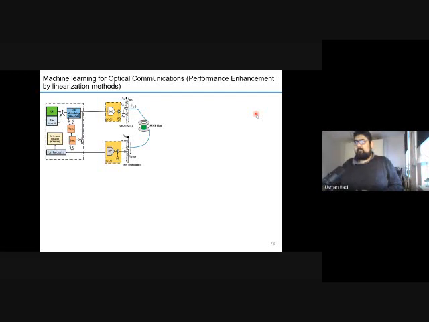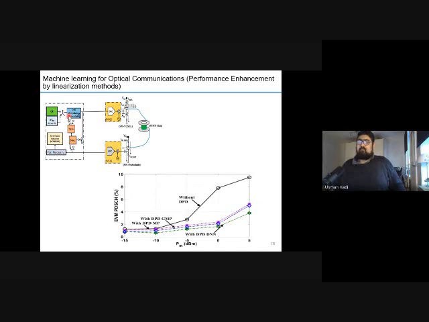For example, if we talk about radio over fiber communication, we were recently using a neural network for enhancing the performance. We had this particular flow diagram where we had MP, GMP, and neural network. And we believe that we can actually push this neural network to perform better than this particular performance. And the question is, how?